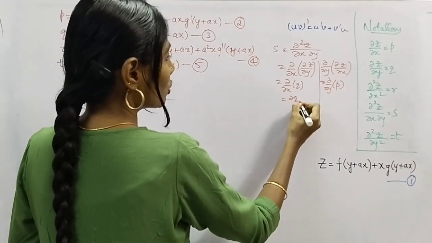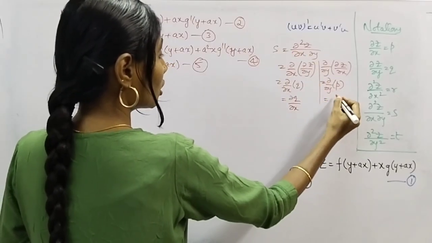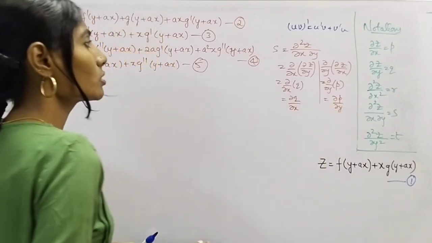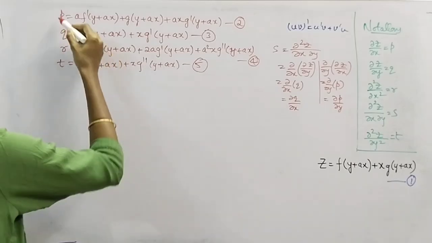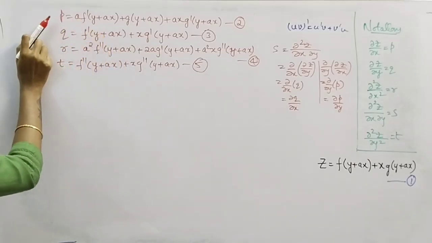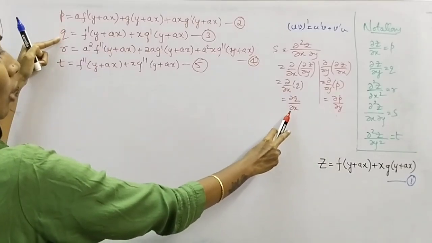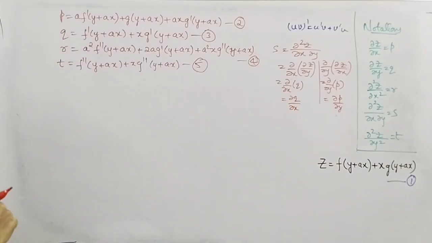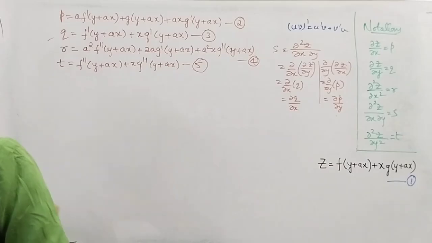So by partially differentiating the equation involving q with respect to x gives s, or by partially differentiating the equation involving p with respect to y gives s. We have both the equations p and q. You can pick any of these two. If you want to pick p, you have to partially differentiate it with respect to y. If you want to pick q, you have to partially differentiate it with respect to x. Okay, so let's go for q. This is a smaller one, I guess, right? Right. Now I'll choose this one.